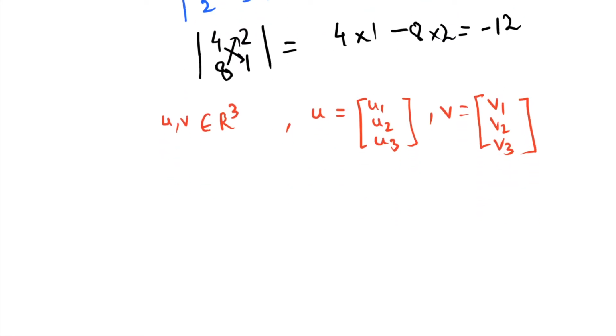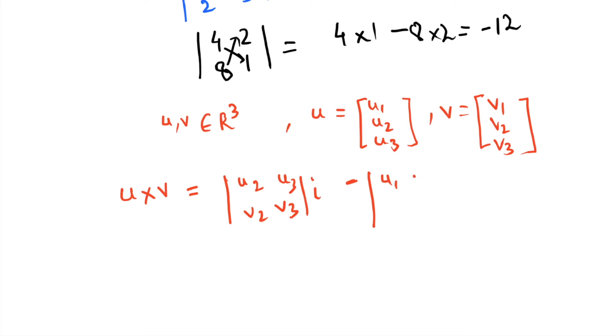Then the cross product u cross v is equal to the determinant of u2, u3, v2, v3 times the basis vector i, minus the determinant of u1, u3, v1, v3 times the basis vector j, plus the determinant of u1, u2, v1, v2 times the basis vector k.